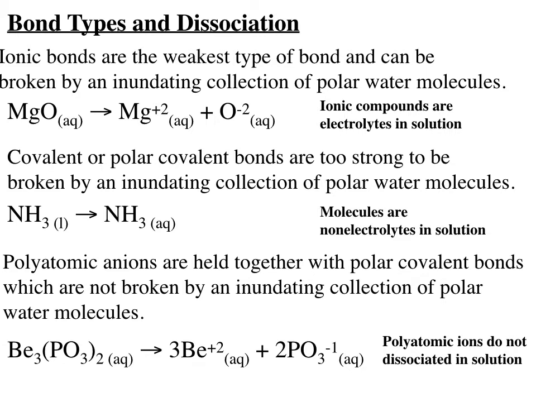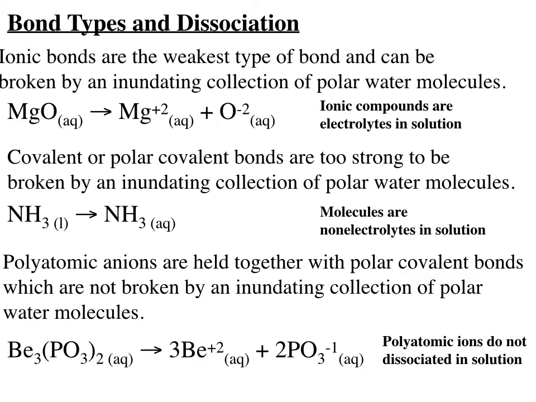And lastly, another thing to keep in mind, if I put an ionic compound into solution which contains a polyatomic anion or even a polyatomic cation for that matter, the polyatomic ions are held together with polar covalent bonding, and the water is strong enough to pull apart the ionic attraction between the polyatomic ion and the thing it's connected to, but it is not strong enough to pull apart the polar covalent bonds.